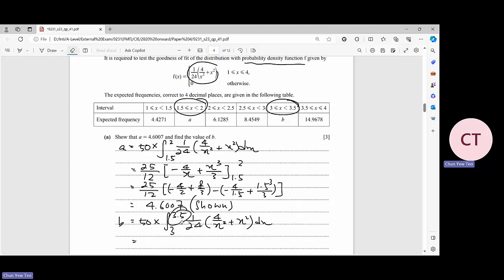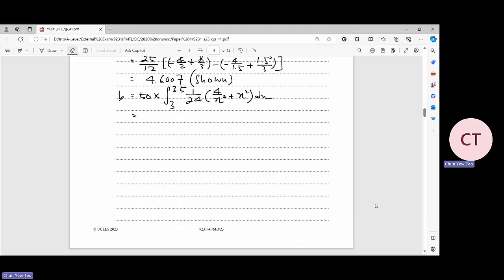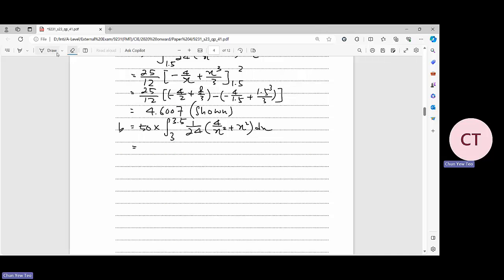So we can just copy the result from the previous part, changing the limits from 1.5 to 2 to become 3 to 3.5. To save time, we can directly apply this result. It will be 25 over 12, and this one is negative 4 over x plus x cubed over 3 from 3 to 3.5.